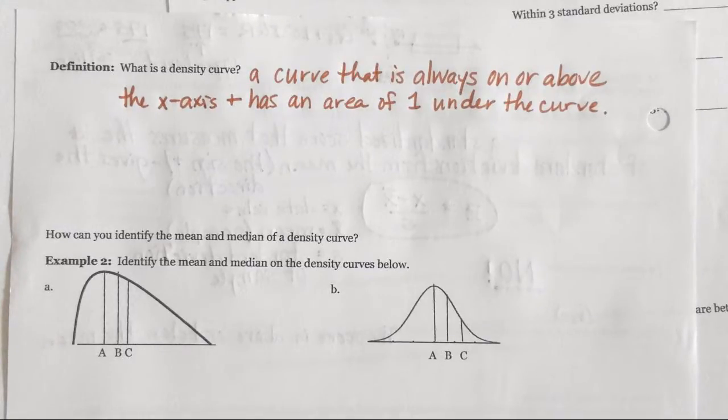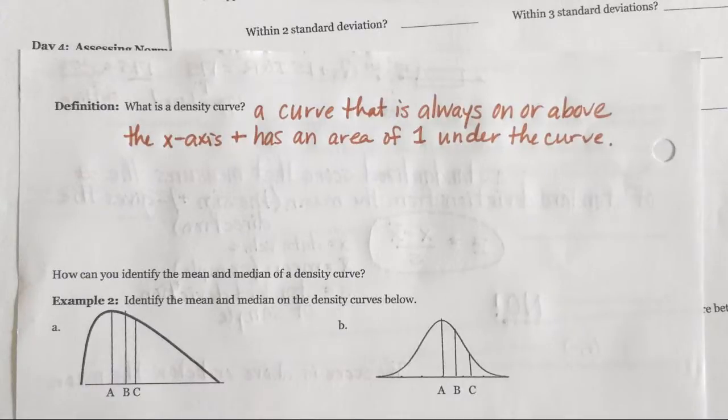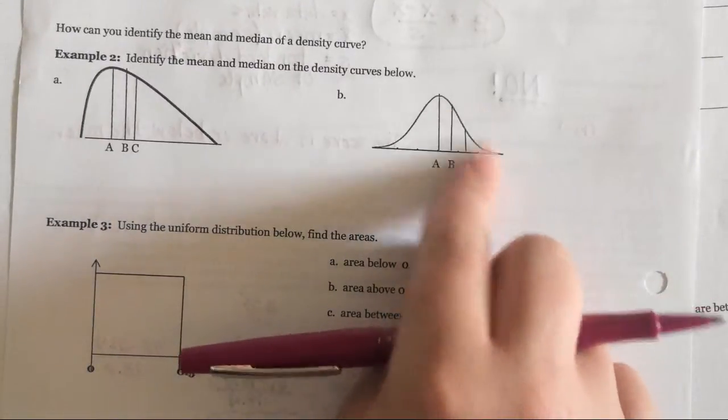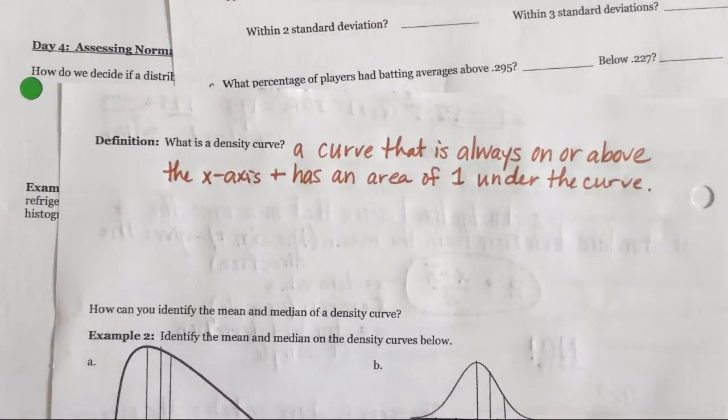Now, to me, it looks really similar to a histogram, the bar graphs that touch. It looks really similar to that, especially when they start drawing in lines underneath. That's what it starts to look like to me.